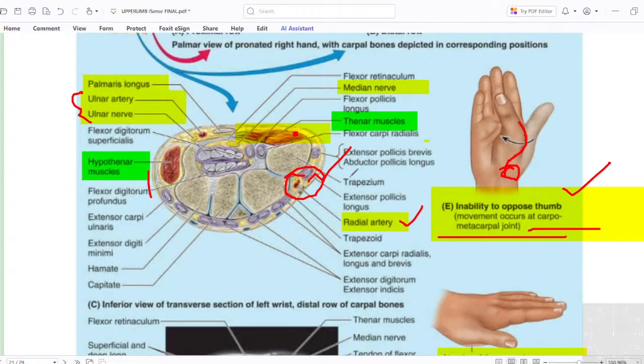In part B, you have to remember this structure, but for part A, no need to remember all these structures serially.